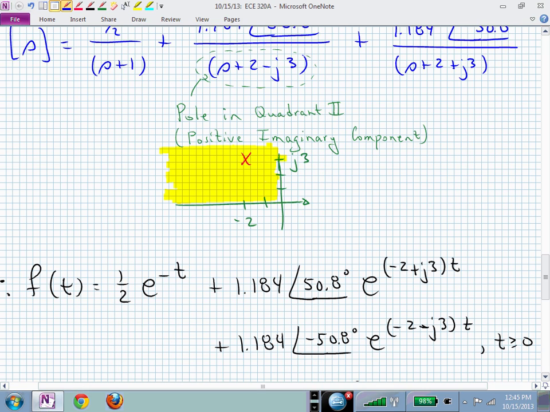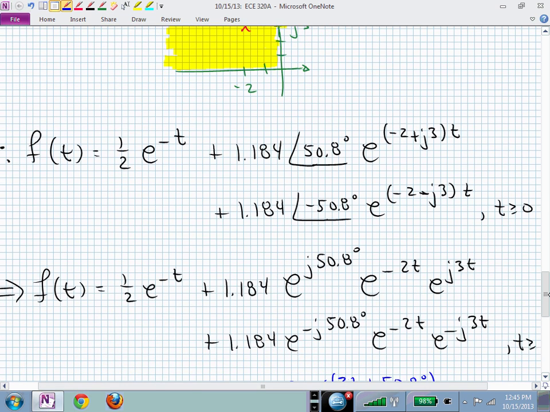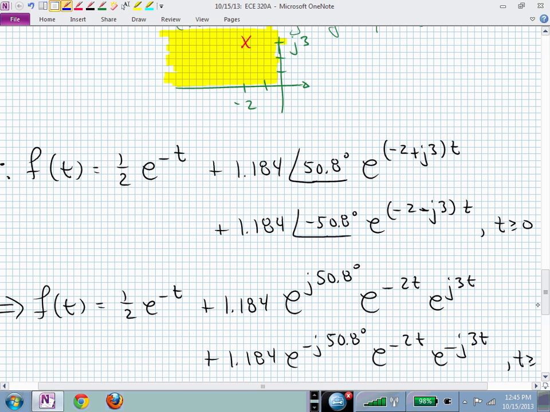But now we're going to derive that result that's in the table by using our relationship for rewriting that phasor in terms of this e to the j theta. If we do that, once we have all these e's, we can start combining the exponents. The e to the minus 2t is contained in both of those right-hand terms, and then I'm going to factor out what's inside, or what multiplies or scales the square root of minus 1, or the j term.